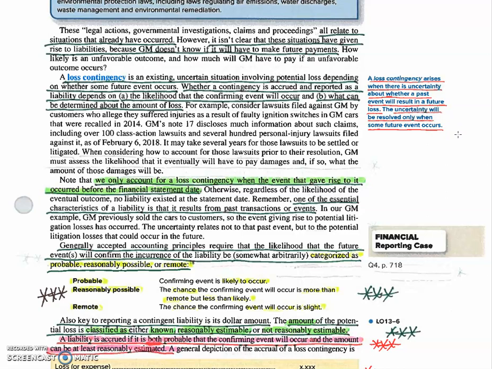Let's say you open a restaurant, and you serve enough meals, eventually somebody's going to get sick and claim it was your food. And so some people say, well, let's just set up a liability to handle that. Well, no, you cannot do that because you can only recognize any kind of liability when something has already happened. It has to be the result of a past event or transaction.